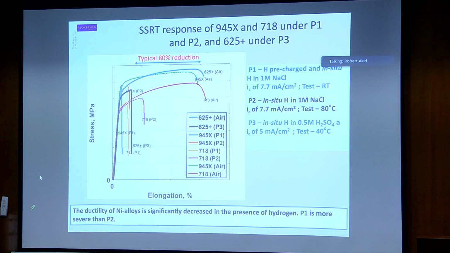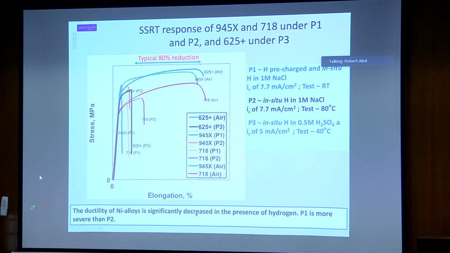We have an in situ hydrogen in 1 molar sodium chloride, again in the same charging conditions but at 80 degrees C, and a third condition where it's more of an industry standard, where it's in situ hydrogen in 0.5 molar sulfuric acid with a charging current of 5 milliamps per square centimetre at 40 degrees C.